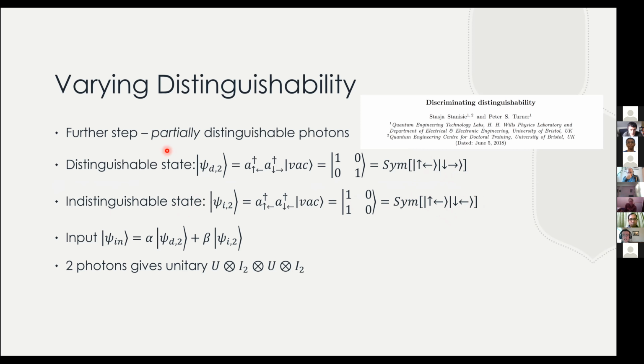So the partially distinguishable state is now written as the input state, some alpha times the distinguishable state, plus some beta times the indistinguishable state. And then from this, the overall transformation, given by the two photons being input into the unitary, is U tensor I, where I acts on these label modes, the early time and late time, say, and then a tensor U, again tensor I, again acting on label modes.